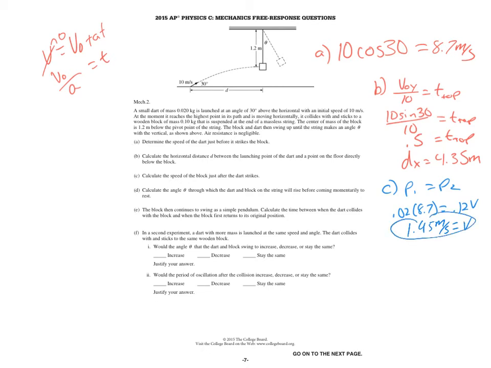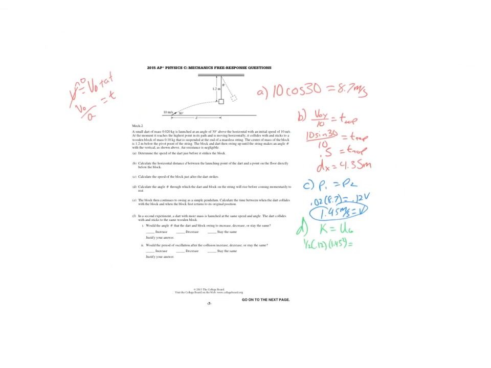Calculate the angle through which the dart and the block will rise before momentarily coming to rest. Okay, so for part D, we're going to do kinetic energy equals potential energy. This is going to be equal to 1/2 times 0.12 times 1.45 squared equals mgh, and remember, in a pendulum, h is equal to L minus L cosine theta. It's just something to have on hand.